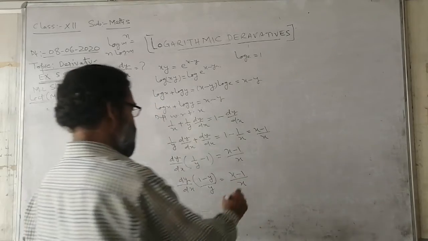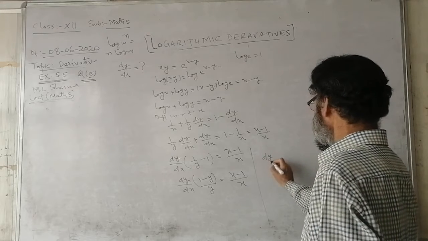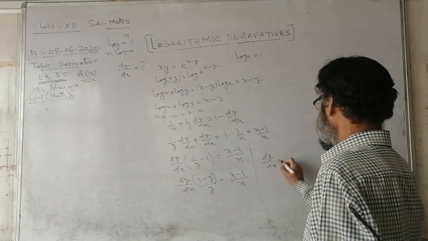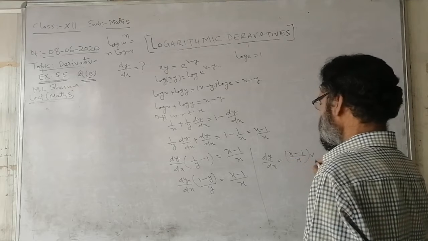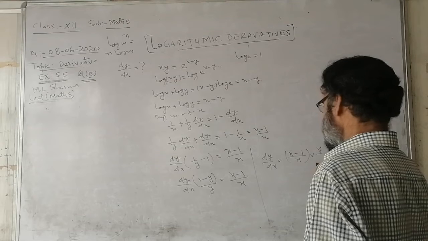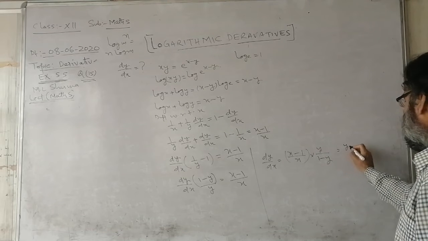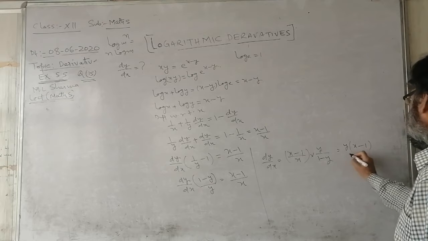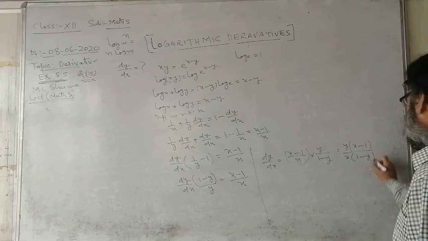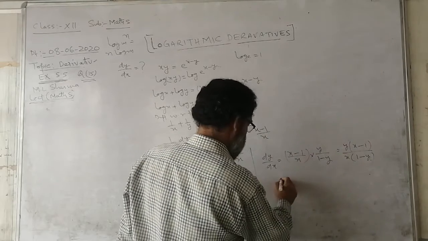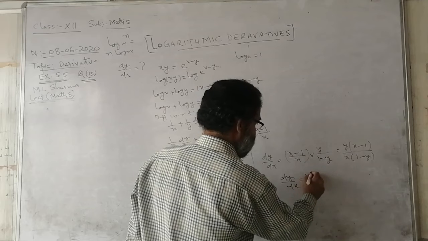So my value of dy upon dx will equal x minus 1 upon x into y upon 1 plus y, that is y times x minus 1 and x times 1 plus y. So this is the value of dy upon dx.